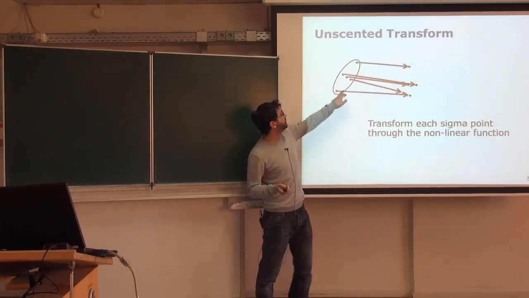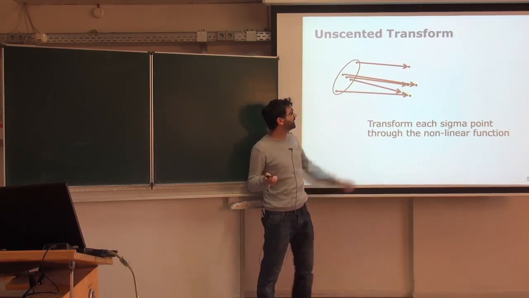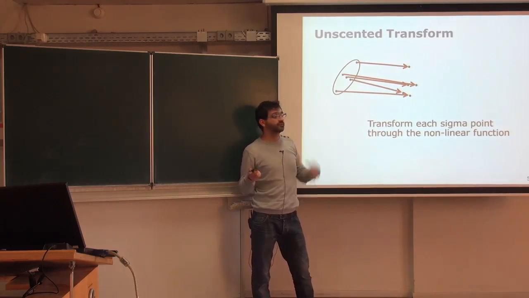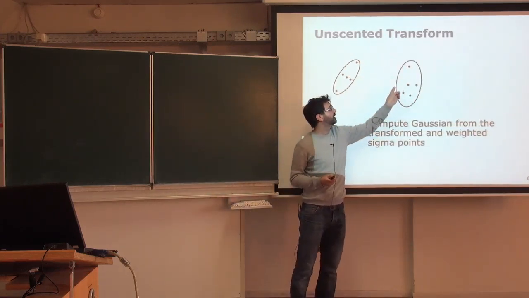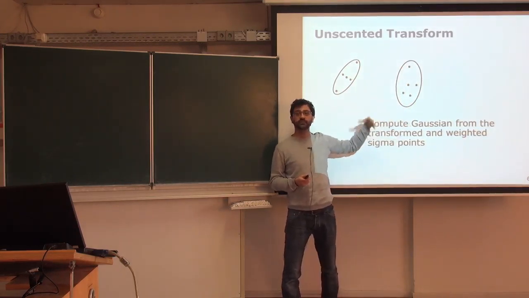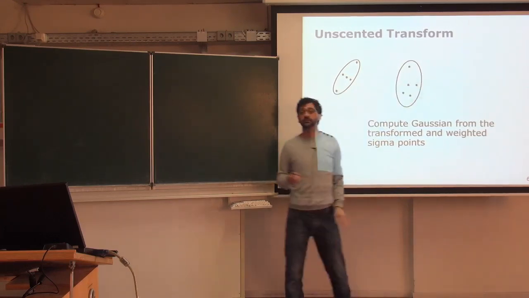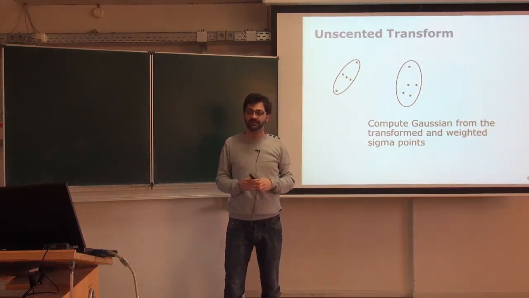Then it propagates all of these points through the nonlinear function, and it obtains a set of transformed points, and then it computes the statistics of these points. So it computes the new mean and the new covariance matrix, just considering how these points influence the mean and the covariance matrix.